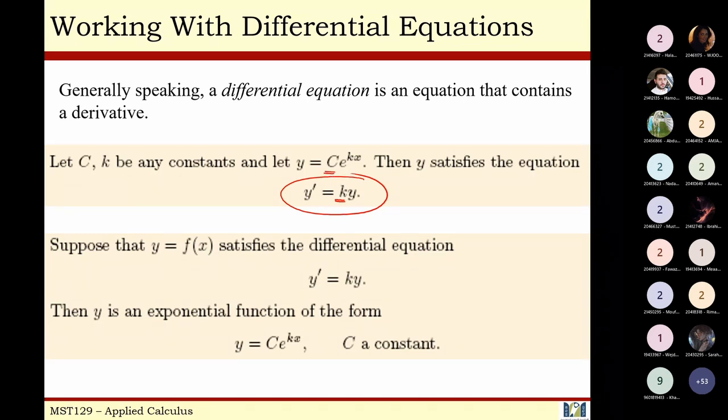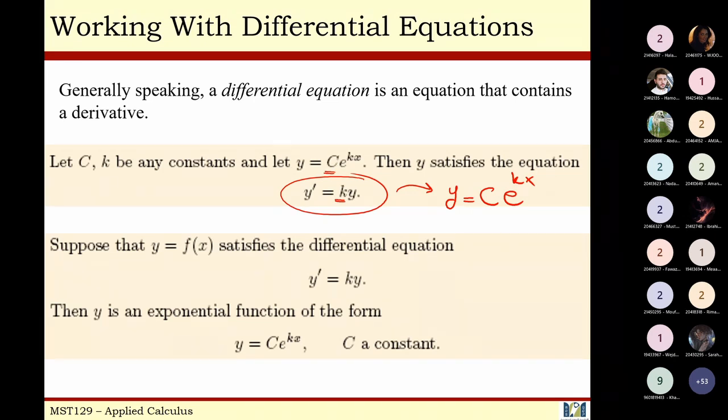So if we need to solve any differential equation y prime equal ky, the solution of this differential equation is y equal C e to the power kx.